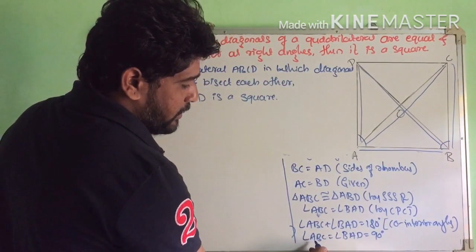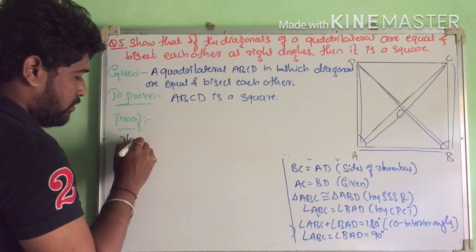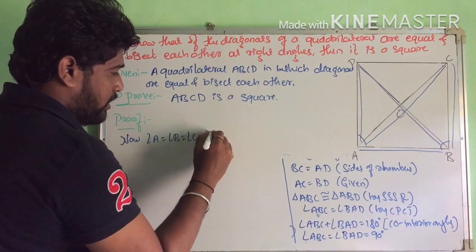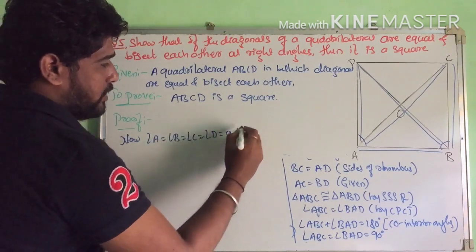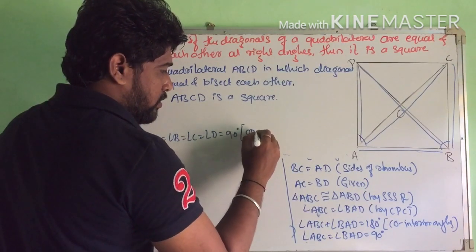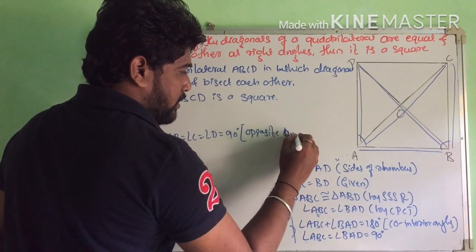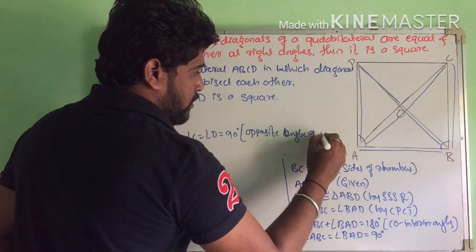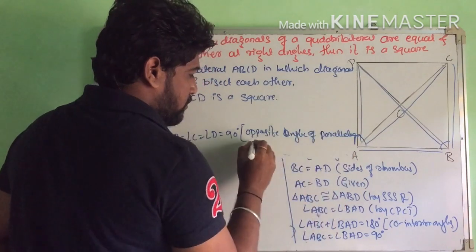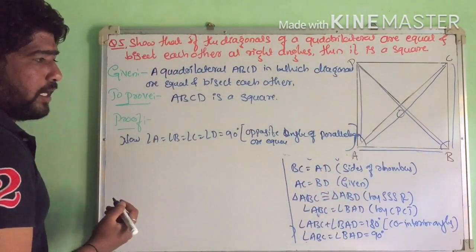So now angle B and angle A, these two angles are 90 degrees. So now angle A is equal to angle B is equal to angle C is equal to angle D is equal to 90 degrees. Reason: opposite angles of a parallelogram are equal. So all angles are 90 degrees.